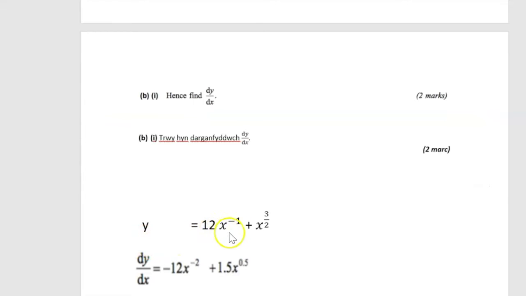Differentiating, we've got 12x to the minus 1, so the power is minus 1 times 12 is minus 12, and the new power is 1 less, x to the minus 2. Now look at x to the 3 over 2. If we differentiate it, we get 3 over 2, which is 1.5, x to the power 1 less than 3 over 2, which is a half, or 0.5.